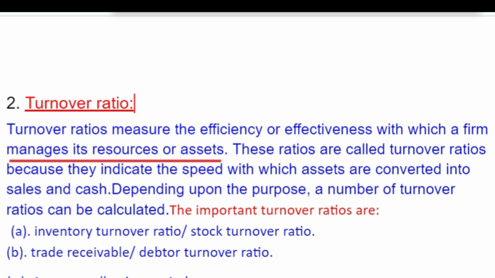These ratios are called turnover ratios because they indicate the speed with which assets are converted into sales and cash. Funds are invested in various assets in a business to make sales and earn profit. How efficiently these assets have been used or managed by the business is measured with the help of turnover or activity ratio.